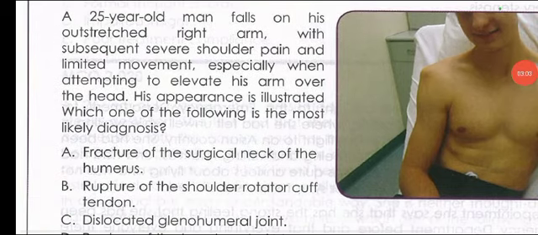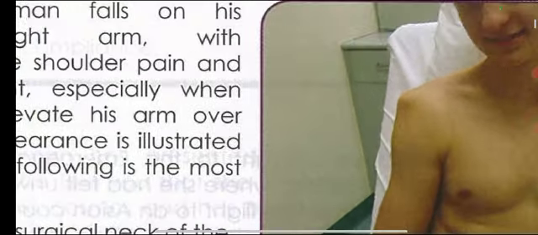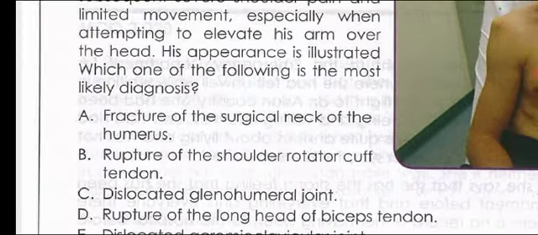The next question: a 25-year-old man falls on his outstretched right arm with subsequent severe shoulder pain and limited movement, especially when attempting to elevate his arm over the head. His appearance is illustrated. Which one of the following is the most likely diagnosis?